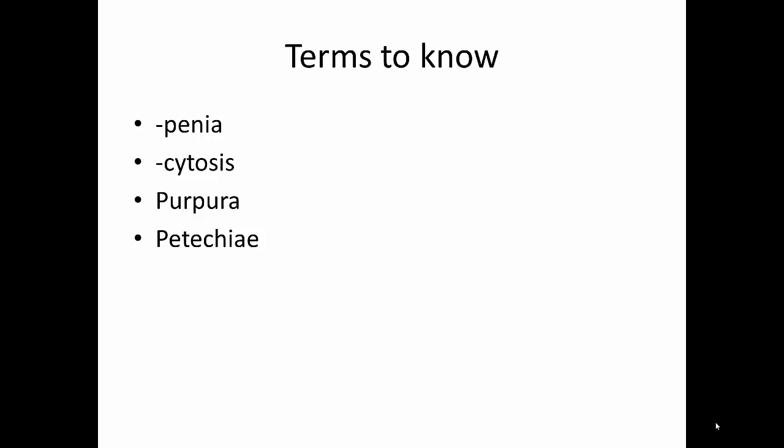Some other terms that I don't have listed here would be lysis. What does lysis mean? It means destruction. So if I have hemolysis, hemo meaning blood, then that means destruction of red blood cells.